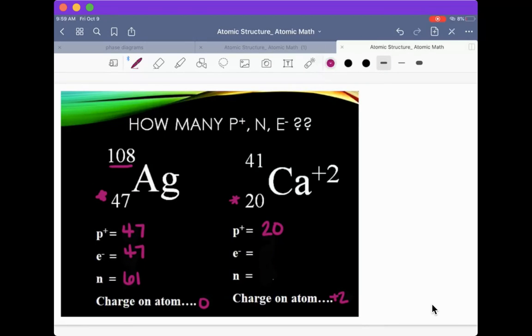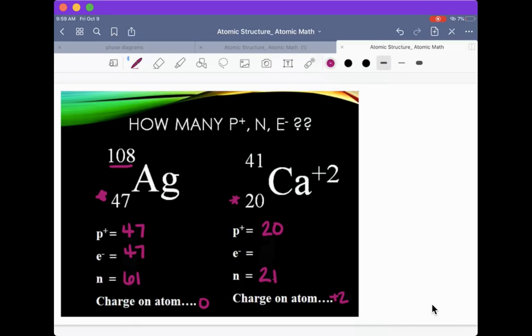We can figure out the neutrons because the mass number tells us there are 41 subatomic particles in the nucleus, and the nucleus is only made up of protons and neutrons. So if 20 of them are protons, the remaining of the 41 would have to be the neutrons. So we have 21 neutrons.